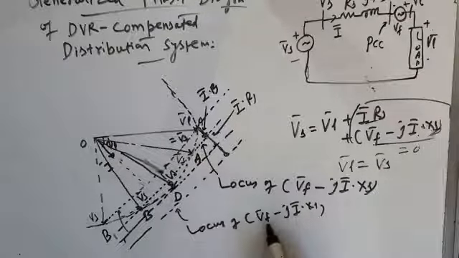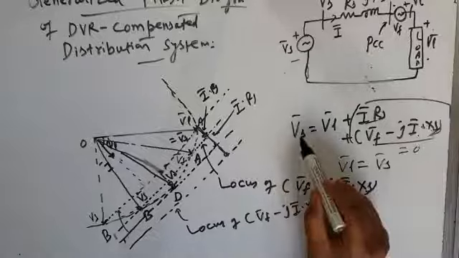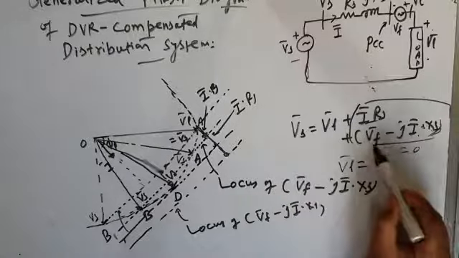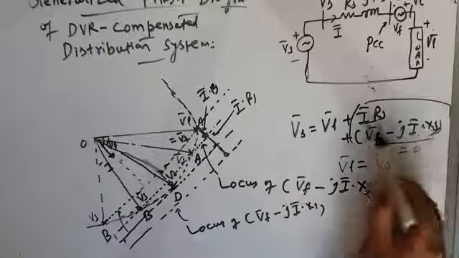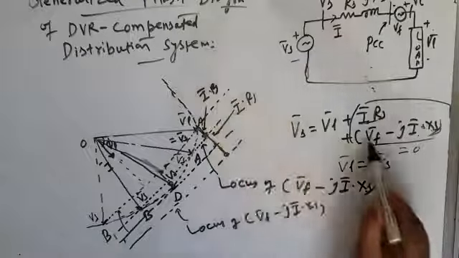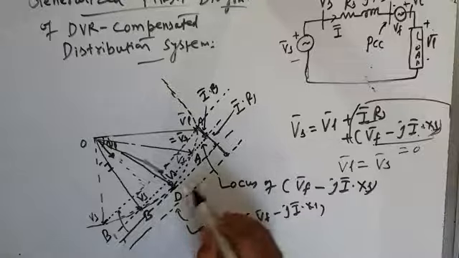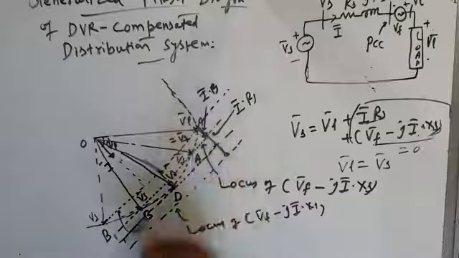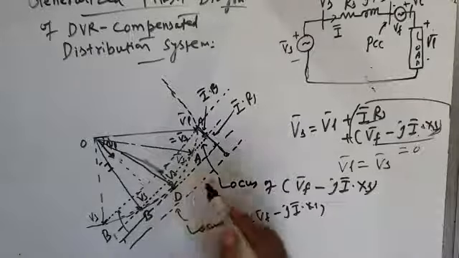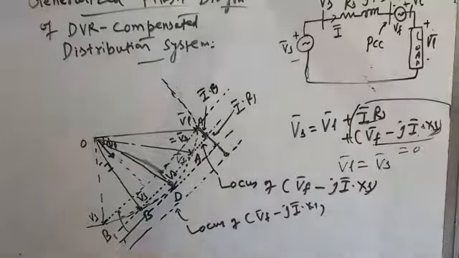This is the locus of Vf minus jI into Xs, because your Vs is equal to Vl plus I Rs plus Vf minus jI Xs. This is your I Rs and this is Vf minus jI Xs. So in that case it does not intersect the circular trajectory anywhere. That means your DVR now fails to regulate the load voltage. Your load voltage will not be regulated.